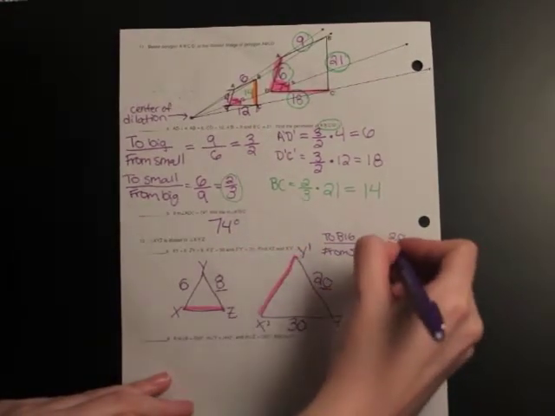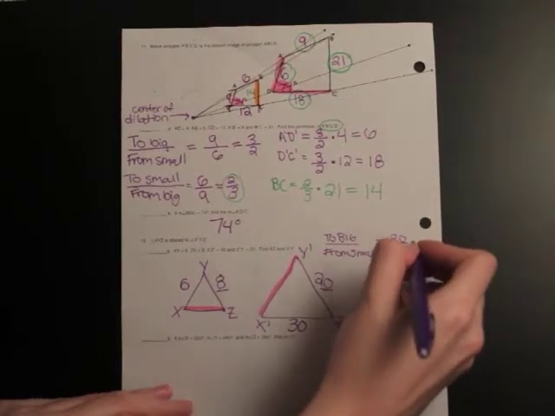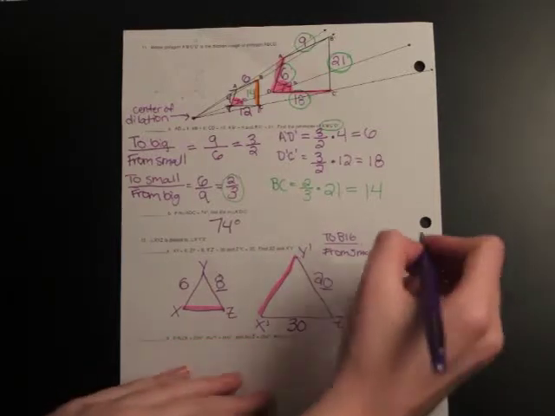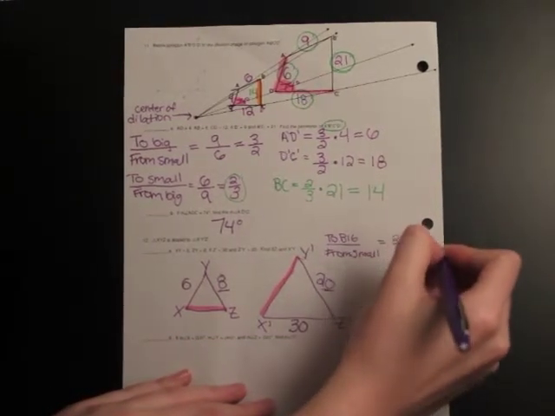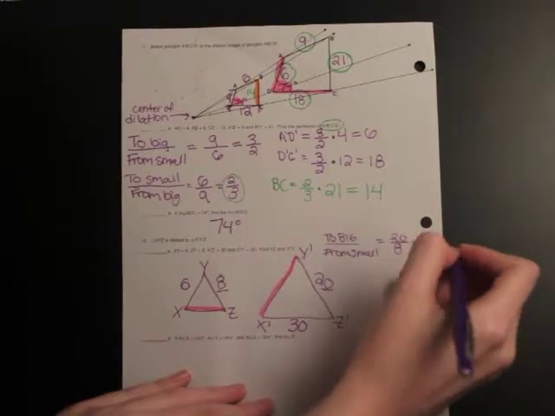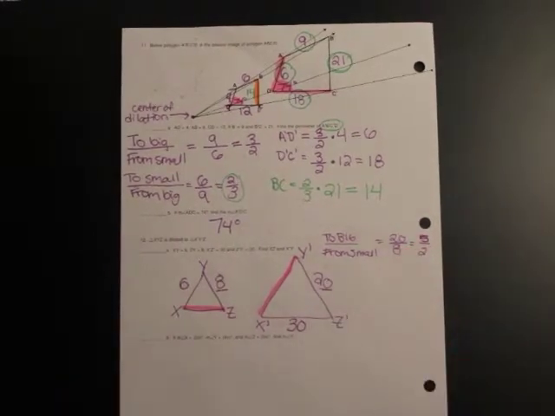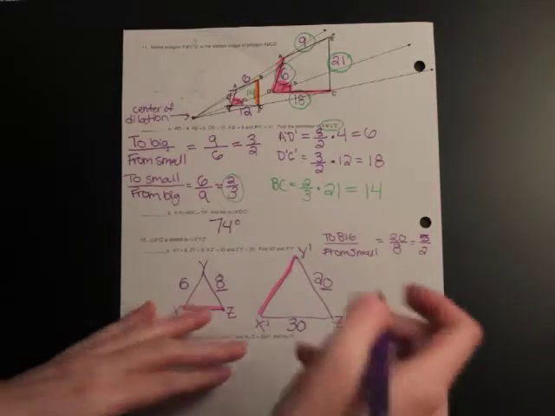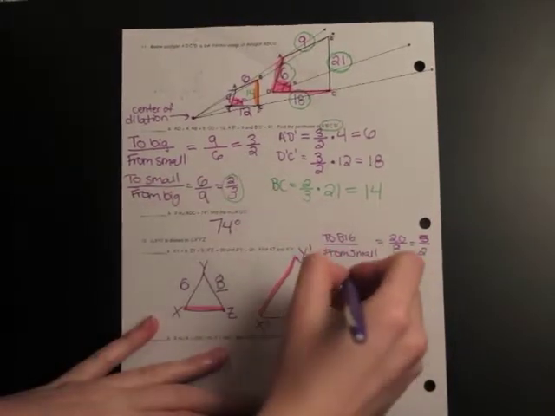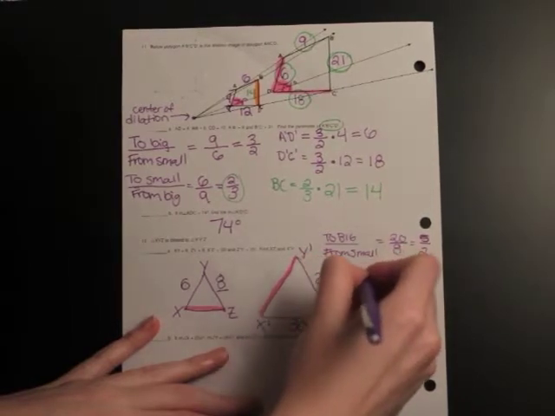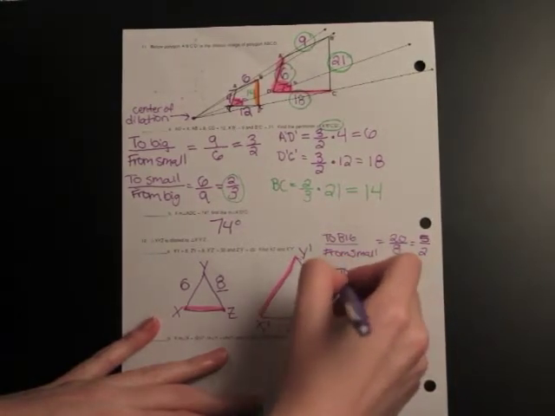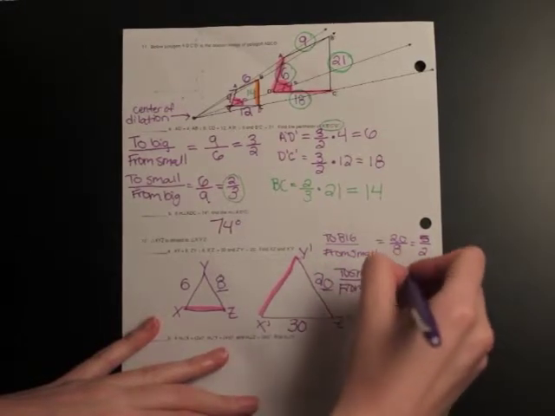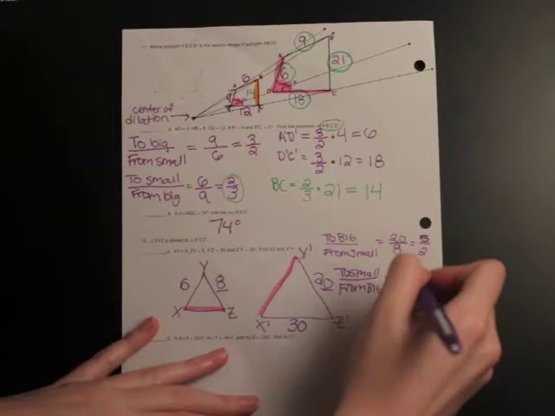The small has to be on bottom, 8. Okay? I can divide both of those numbers by 4, it looks like. So I'm going to get 5 over 2. So that's my to-big-from-small scale factor. So, from what we just learned up here, my to-small-from-big is going to be 2 over 5. It just flips.